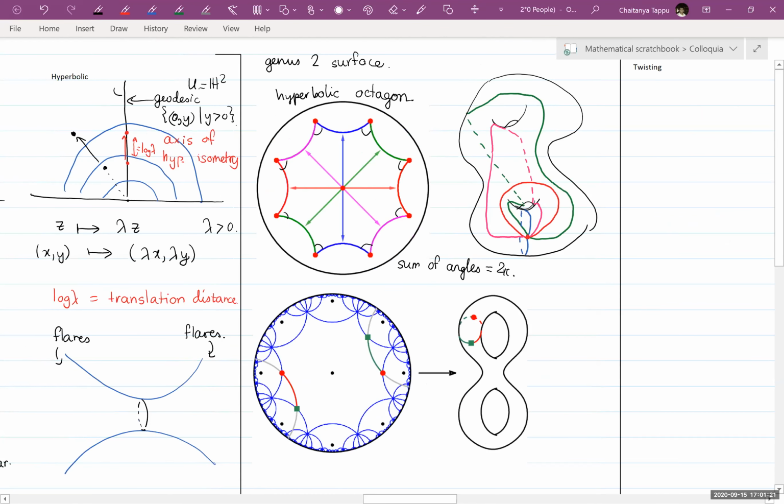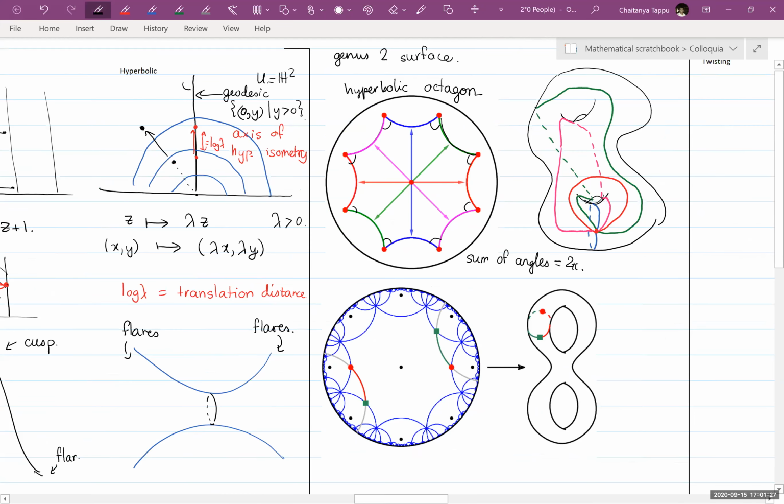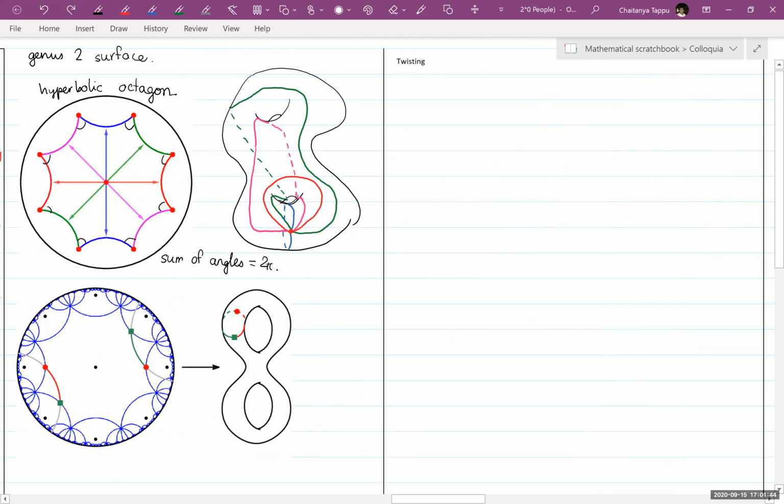Okay, also we are going to keep track of these curves, which we need to cut along over here to get back a representation as an octagon. Just like before, where we had a torus and then we slid past some curves and made another torus, we can do so with hyperbolic surfaces as well.